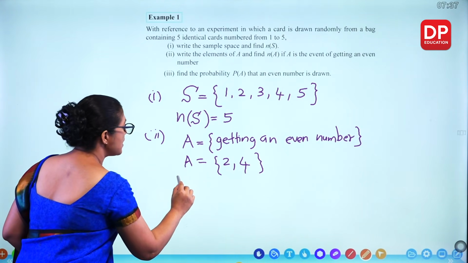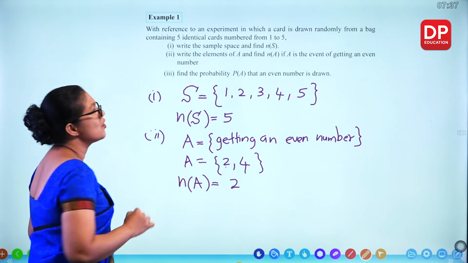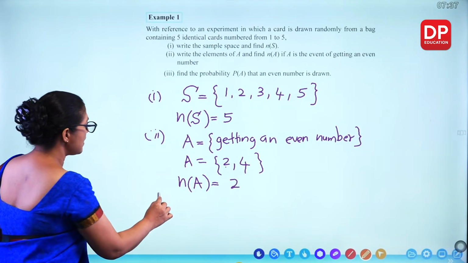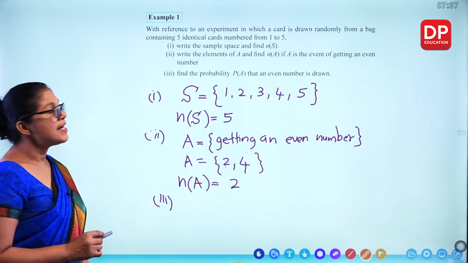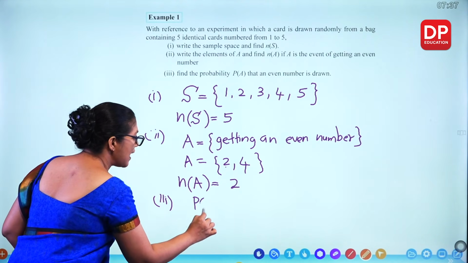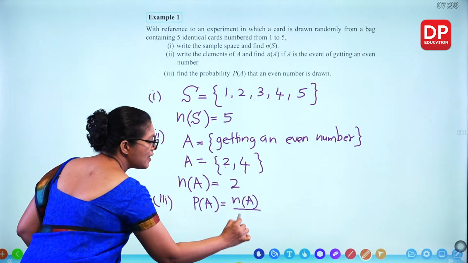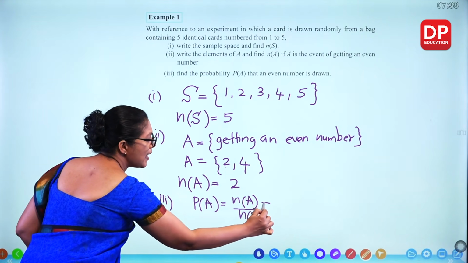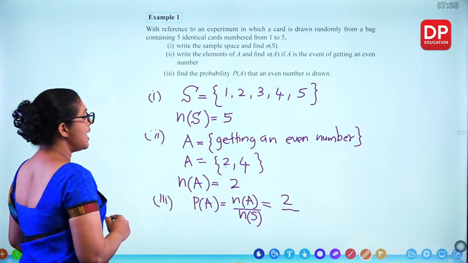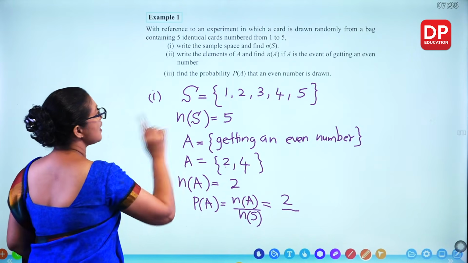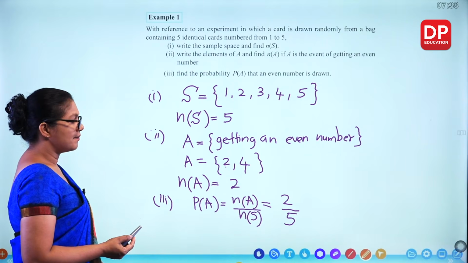Then find N(A), number of elements in A: you get 2. Then the third part, find the probability of A that an even number is drawn. What is the probability of A? Number of elements in A over number of elements in the sample space. N(A) is 2 and N(S) is 5. So 2 over 5.